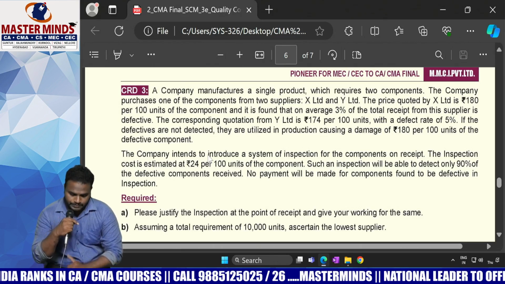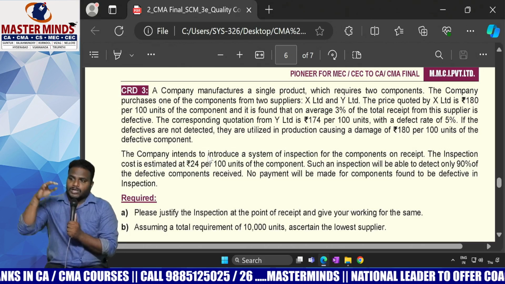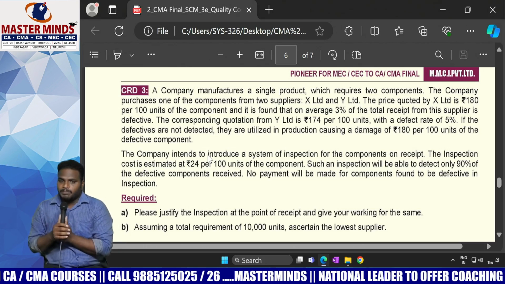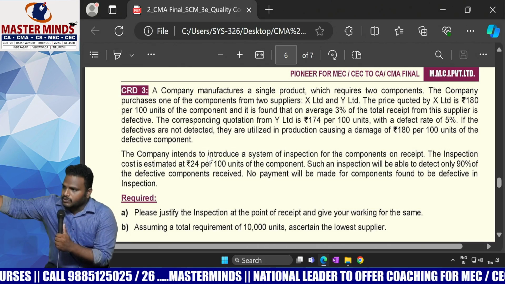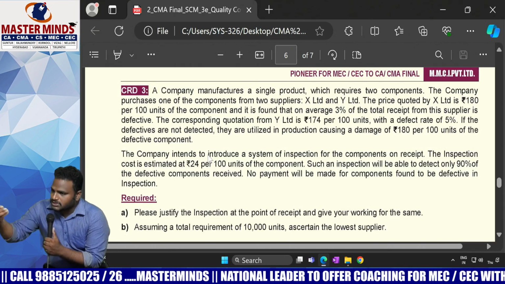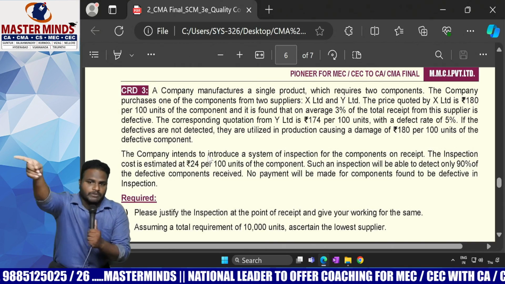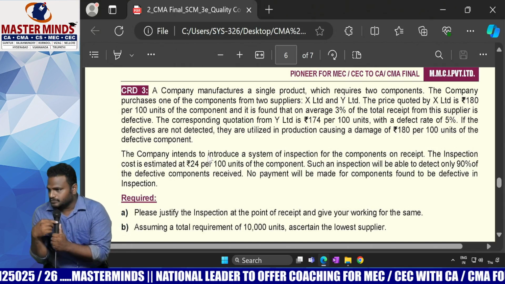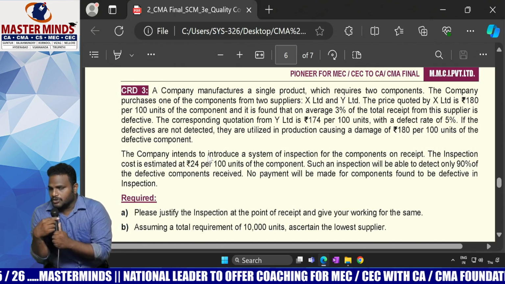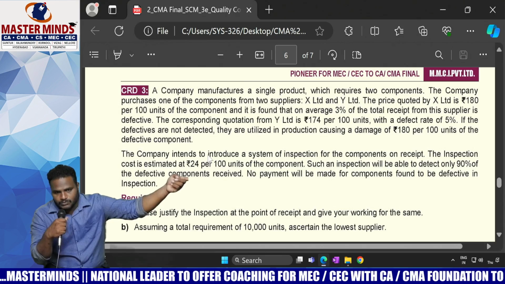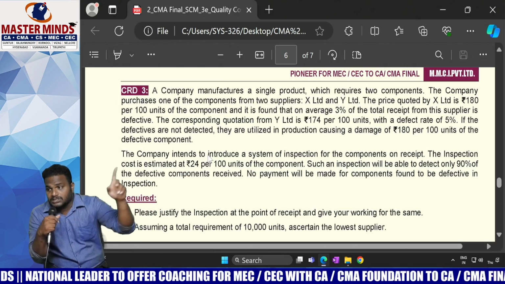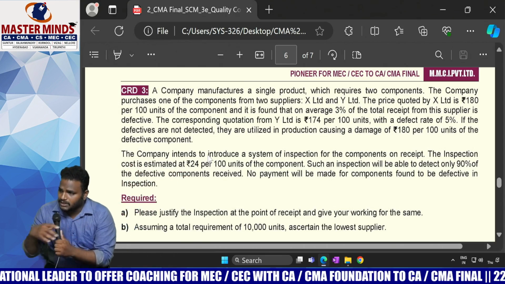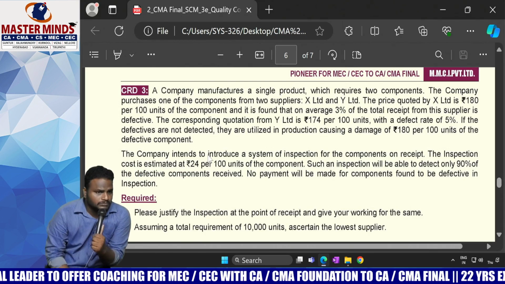If I am ordering 100 units from Y, 5 are defective and 95 are good units. If you purchase from X, the defective rate is only 3%, but the cost is 180. But here it is 174. Yes or no?